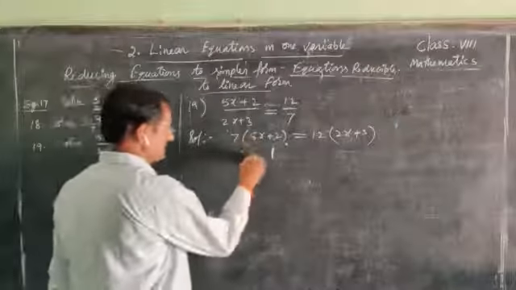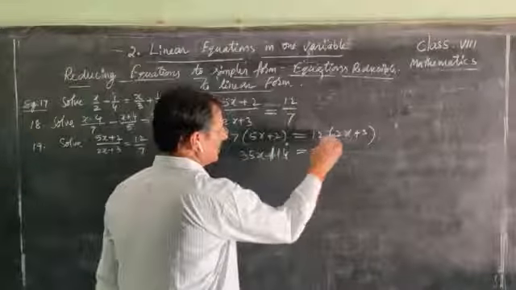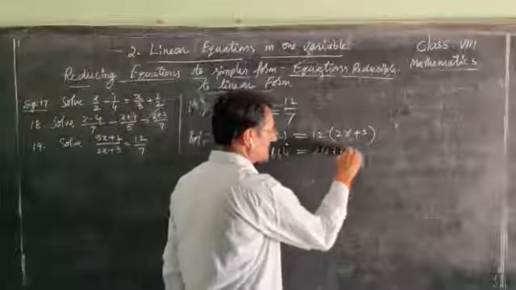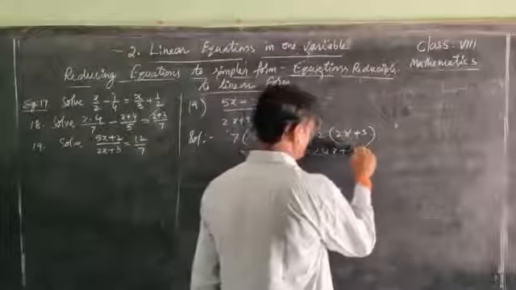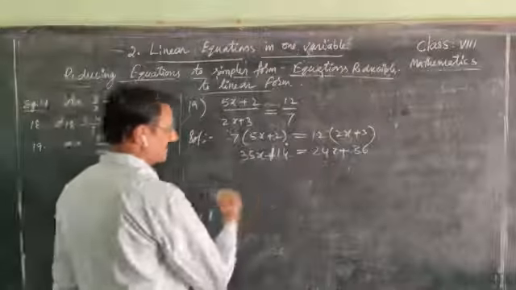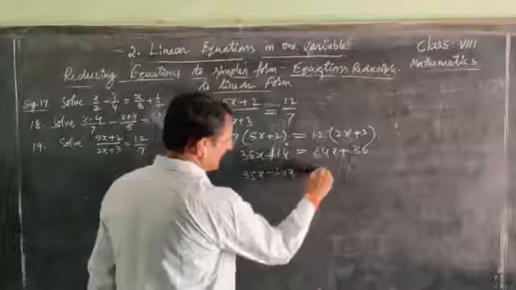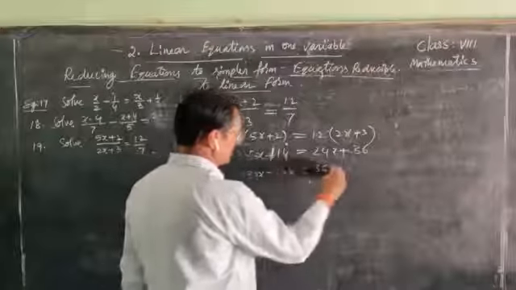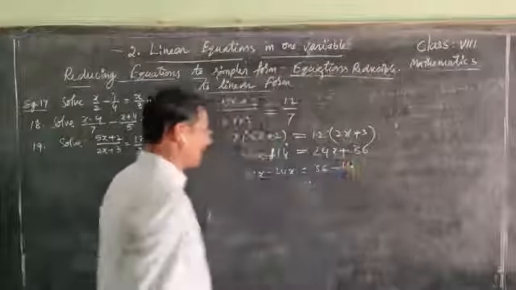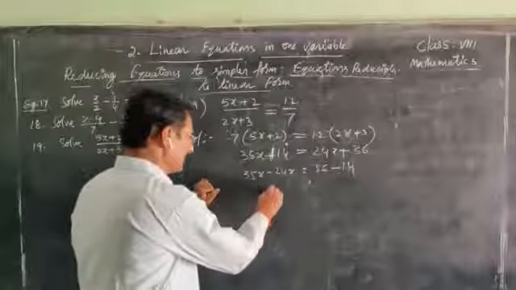7 5s are 35x, 7 2s are 14, equal to 12 2s are 24x plus 12 3s are 36. Inside, 35x minus 24x, and 36 on the right side, send this 14, it becomes minus 14. 35 minus 24, I think it is 11x.